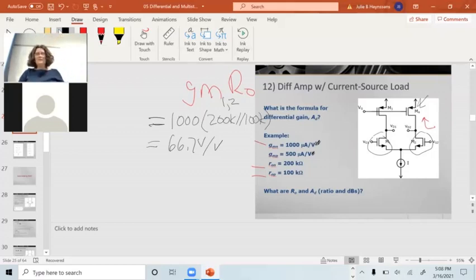It was 7.69. It's a factor of 10. So having that high output resistance transistor there really helps. I could have improved the other circuit by putting a 100K ohm resistor there instead of 8K, but then I would have limited the amount of current I had. And in dB, that comes out to be a whopping 36.5 dB.